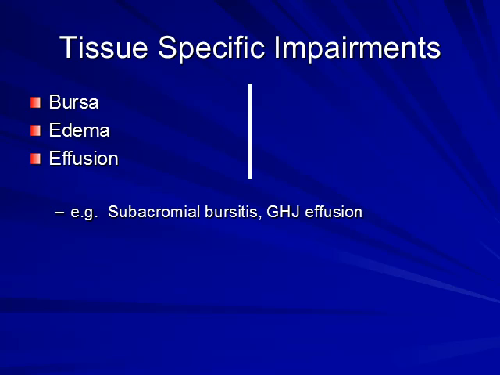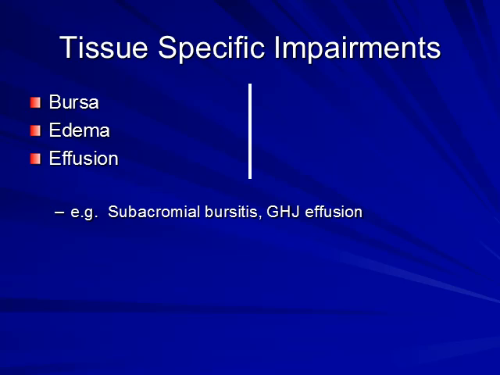Or if it was edema, we need to name the specific location of that edema. So if you're looking at a patient and you think their calf looks swollen, and let's say you're 8 centimeters distal to the tibiofemoral joint line, then you have edema 8 centimeters distal to the tibiofemoral joint line.